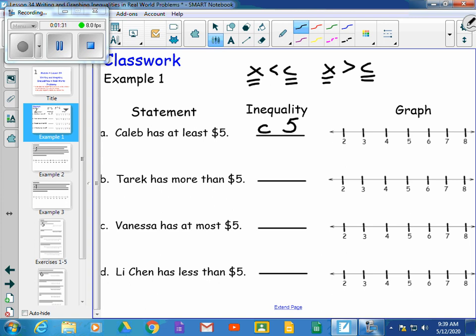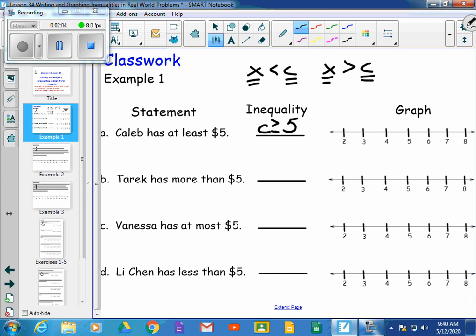Let's say he has 4. Is 4 at least 5? No. What about 6? Is 6 at least 5? Yes. So we need a symbol that's going to tell us that C, the amount of money Caleb has, has to be larger or the same amount as 5. And so we would say C is greater than or equal to 5.